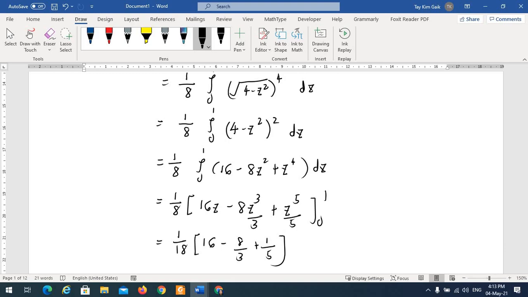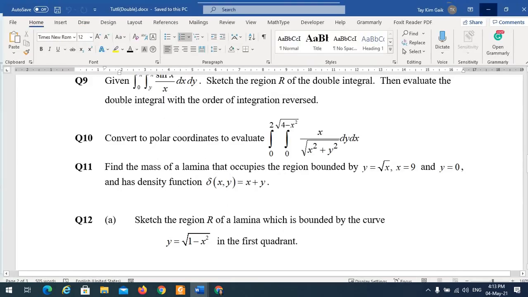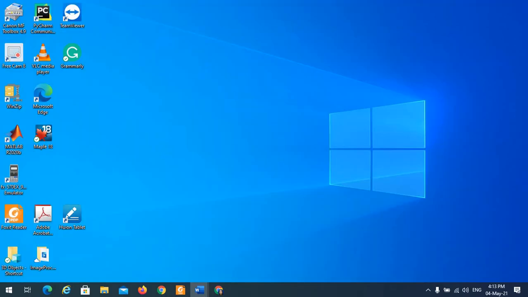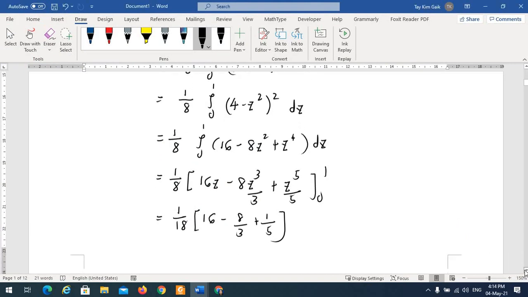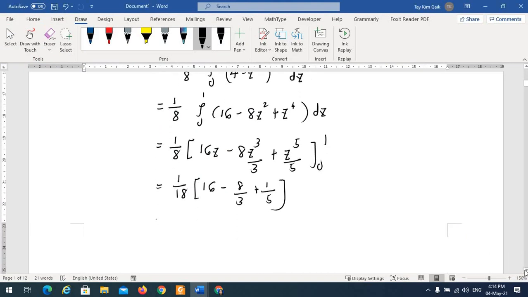Please evaluate it and check whether you get the same as the answer given, 203 divided by 120.